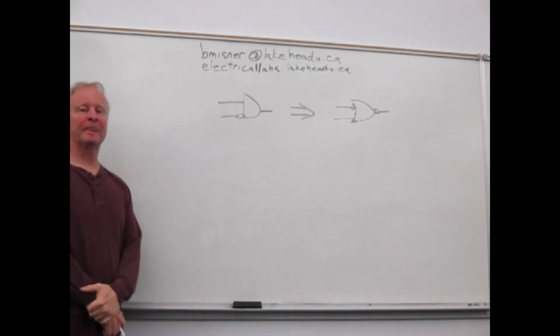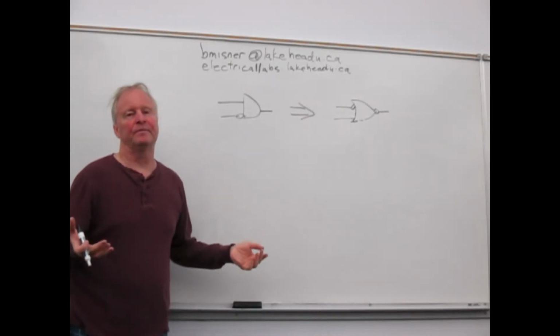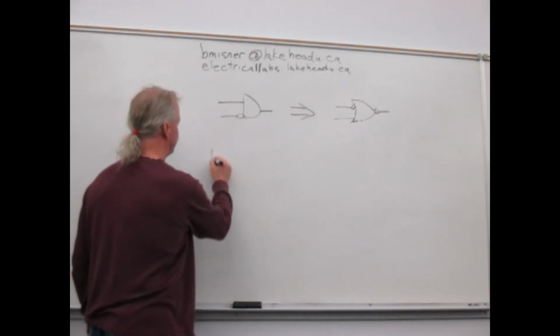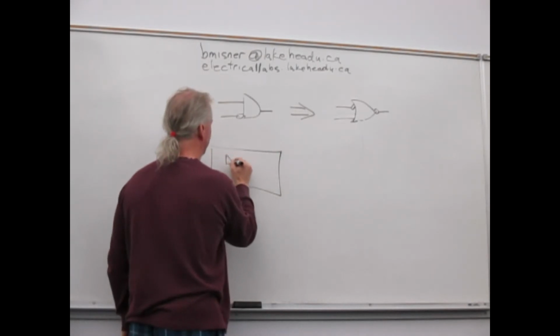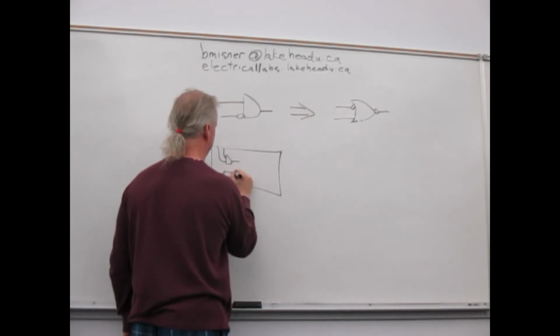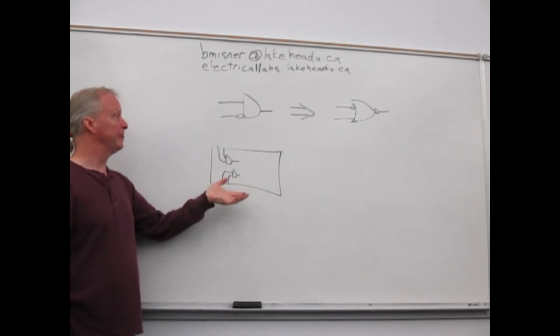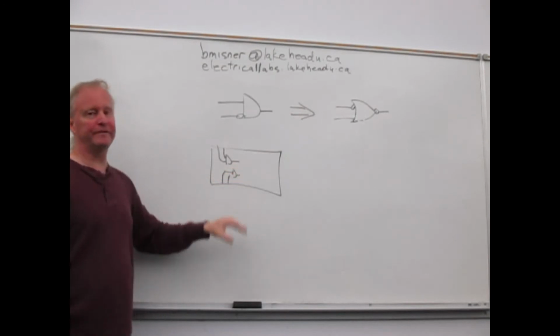But now you're asking, so what? Why would I need to know this? Well, remember from lab number 1, I said you have a certain number of gates on your IC. Say you had an AND gate in your circuit, and you were using 2 of these AND gates.